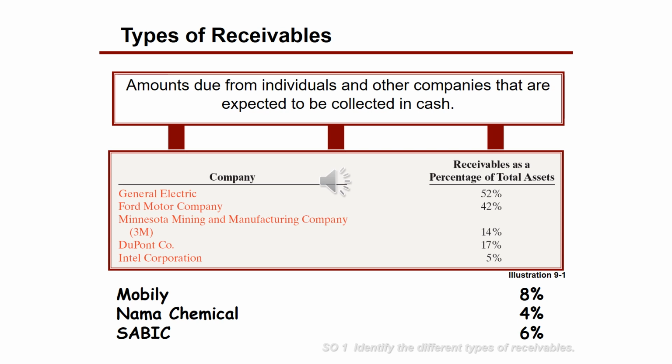But we provide this data as a reference point, just to show you that depending on the activity of the company, there might be a variance of how much receivables they have as expressed as a percentage of their total assets.